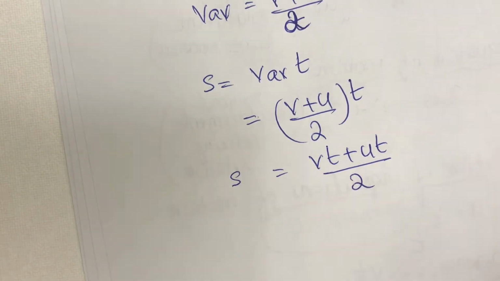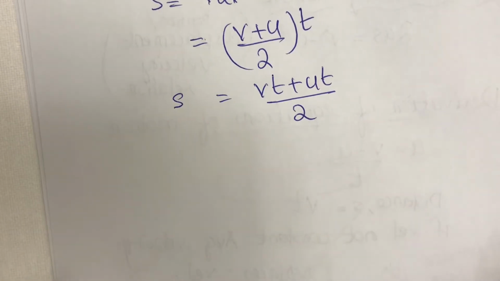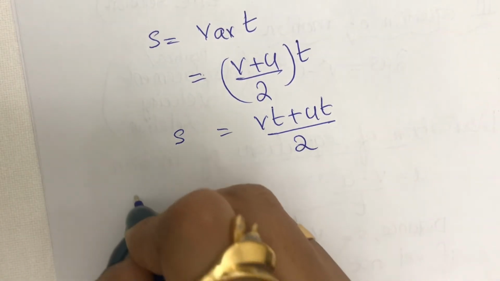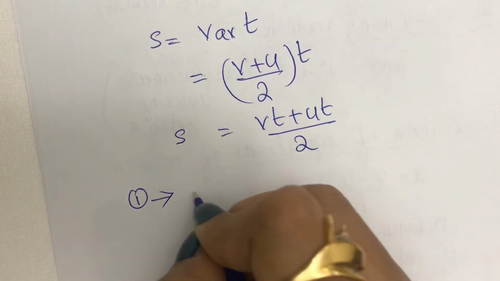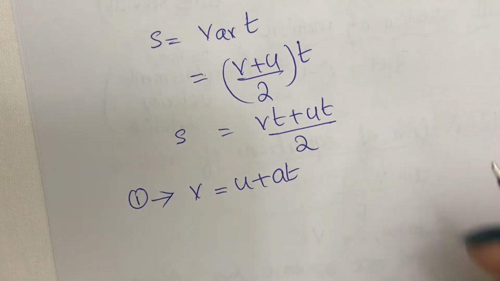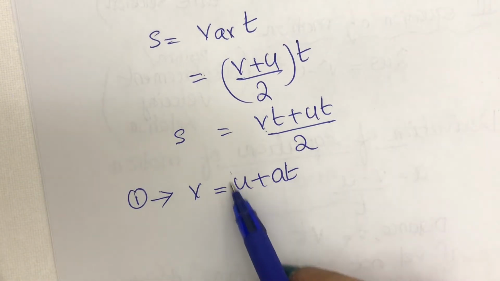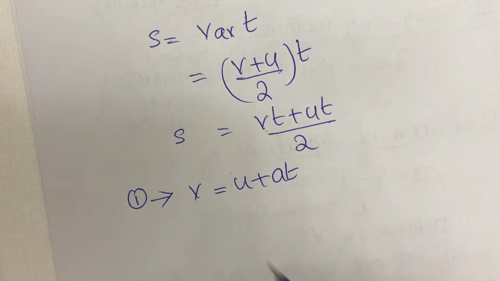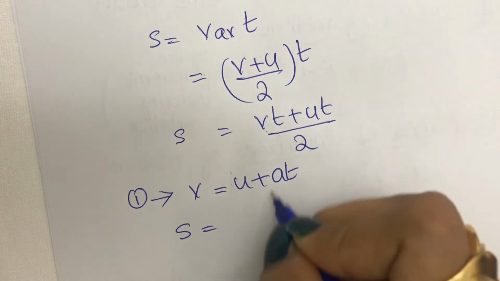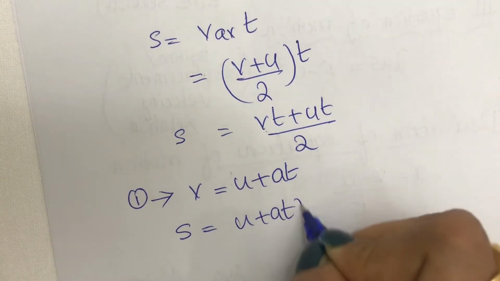Now, the first equation of motion gives v = u + at, so instead of v we substitute u plus at.